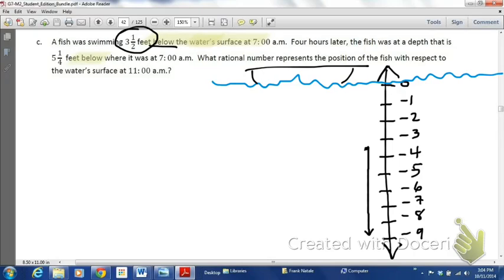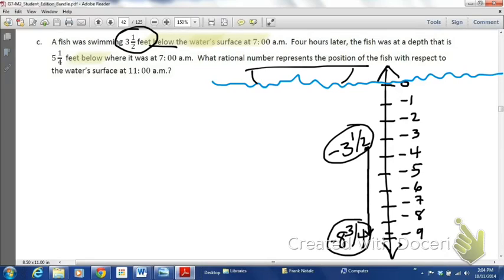Okay, kind of hard to tell where exactly that is, but that's right there, and that's at about 8 3/4 feet. So now we've gone down. Now we're down to negative 8 3/4. Okay, so that's 8 3/4 feet below. So we started here at negative 3.5, 8 3/4 below the surface of the water.